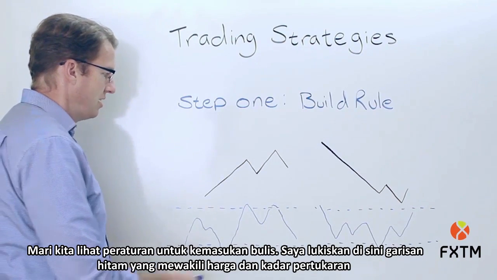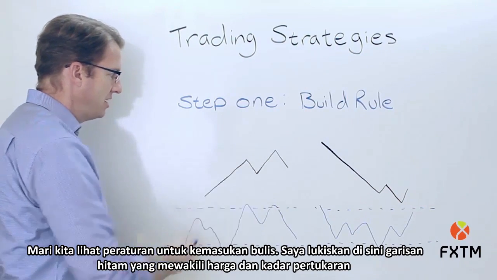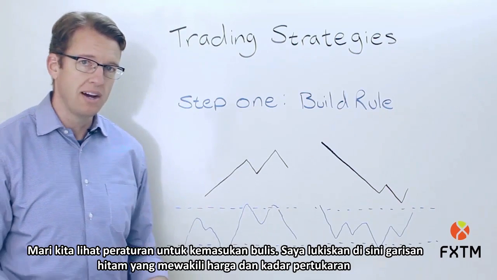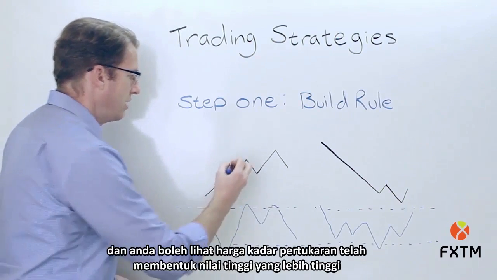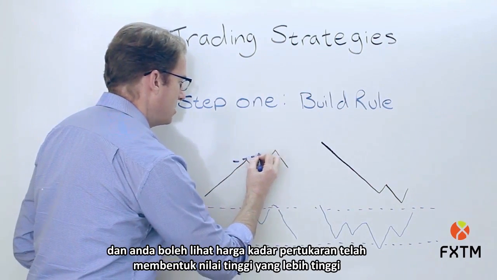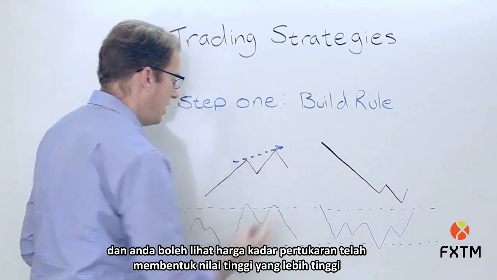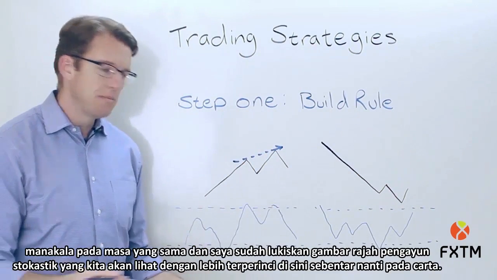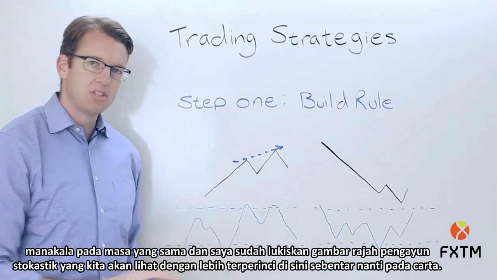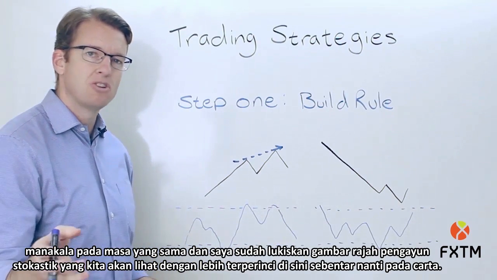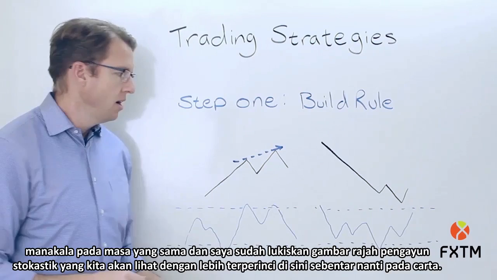Initially, I've got the black line here that represents the price, so the exchange rate itself. And as you can see, the price of the exchange rate has been forming higher highs, while at the same time, and here I've drawn a diagram of a stochastics oscillator, which we're going to take a much closer look at in just a minute on the charts.